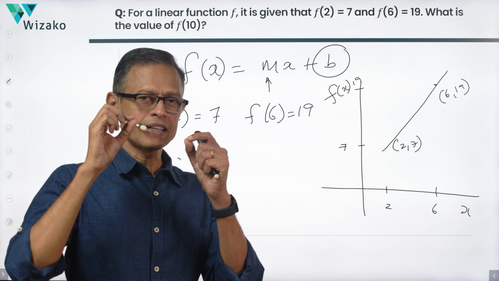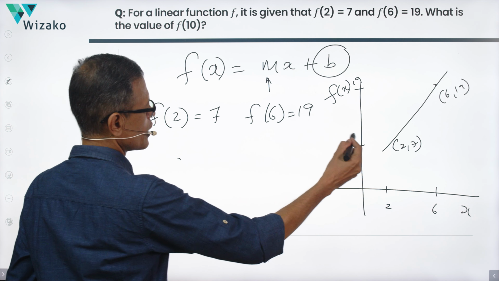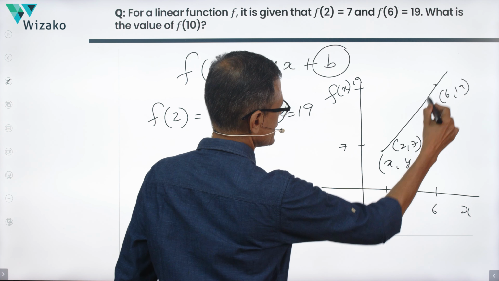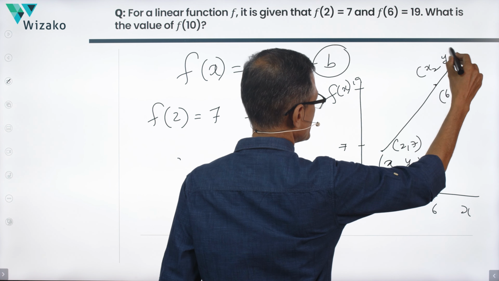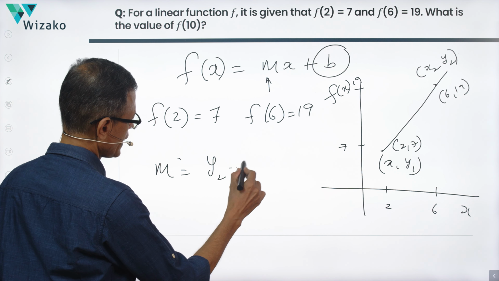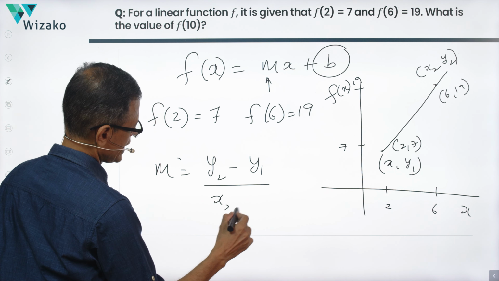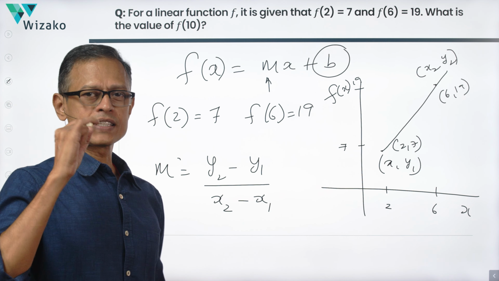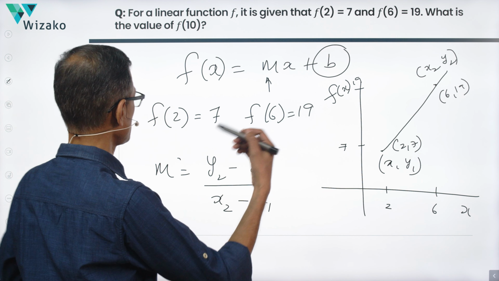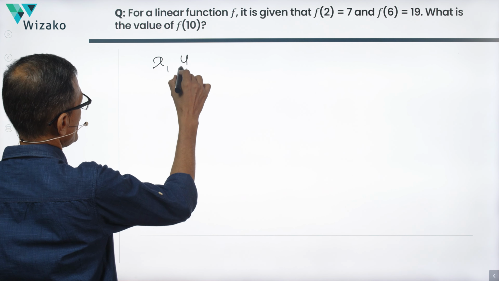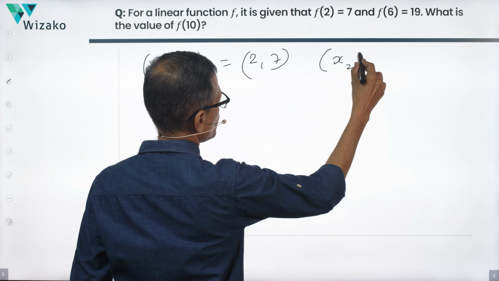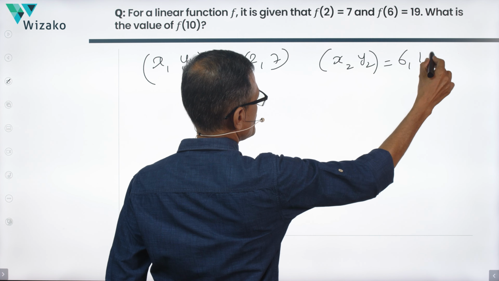In step 1, part A, let's find out the slope. We know the coordinates of 2 points. Let's say the coordinates of this point are x1, y1, and that of this point are x2, y2. Then the slope of the line m is found using this formula: y2 minus y1 upon x2 minus x1. We know the coordinates, so let's plug that in. x1, y1 is 2 comma 7 and x2, y2 is 6 comma 19.